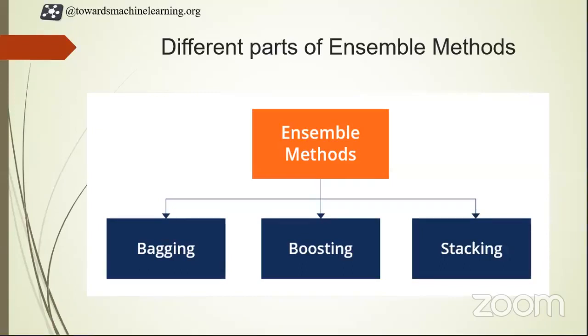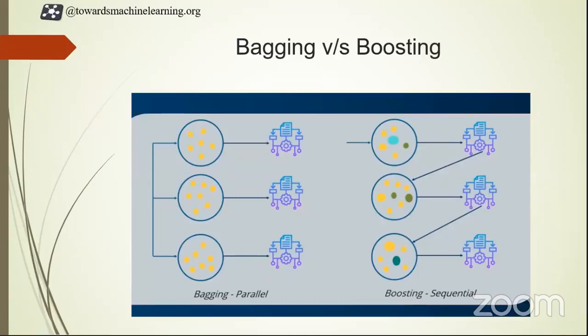The focus of this session is boosting. Before moving directly to boosting, let me tell you the difference between bagging and boosting. As you can see in this slide, in bagging we have a parallel approach for the weak learners, and in boosting we have the sequential approach. In bagging, weak learners are produced parallelly, and performance is increased by training the weak learners parallelly on the bootstrap dataset.